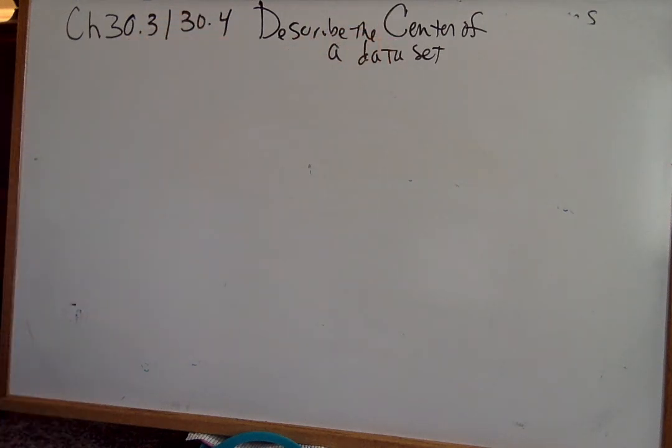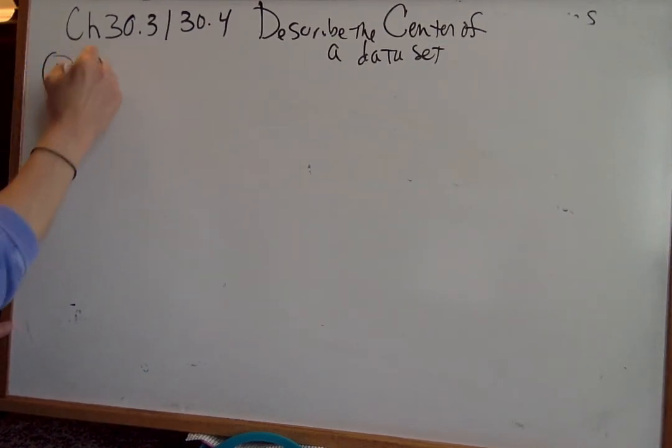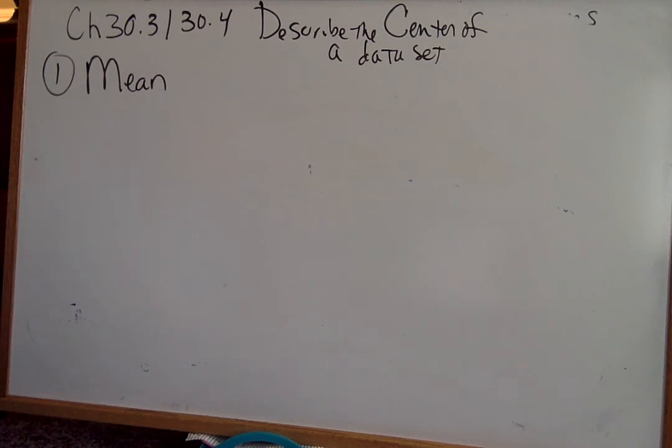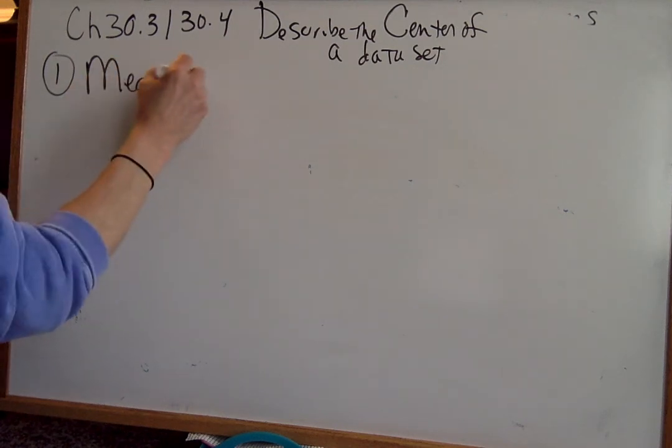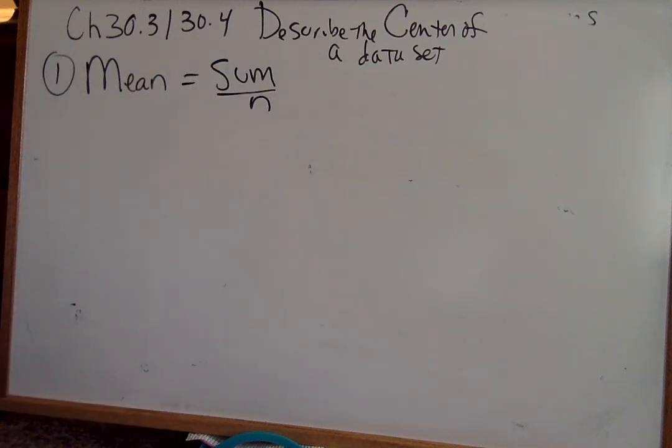Describe the center of a data set. So hopefully you'll be familiar with these. We have, of course, the mean, the average, right? We add them up, divide by how many? Maybe I should write that. Sum divided by n. What you may not be familiar with is notation.